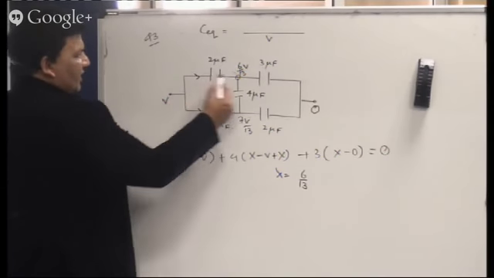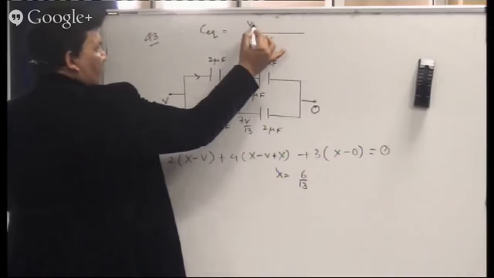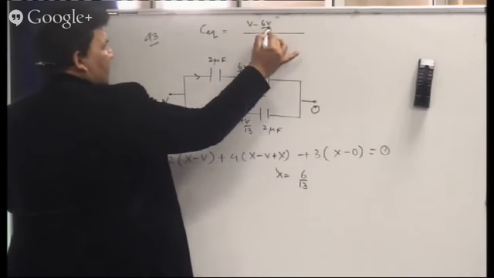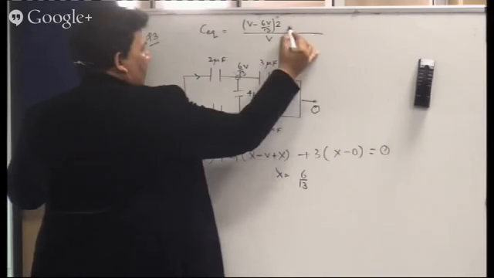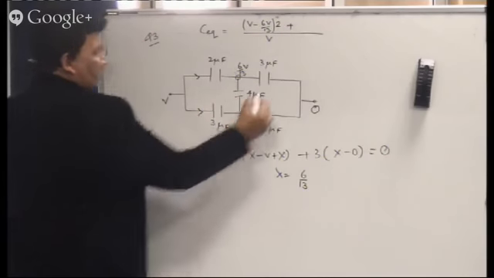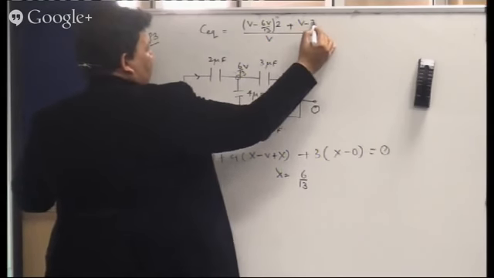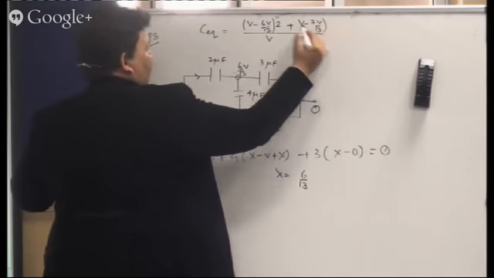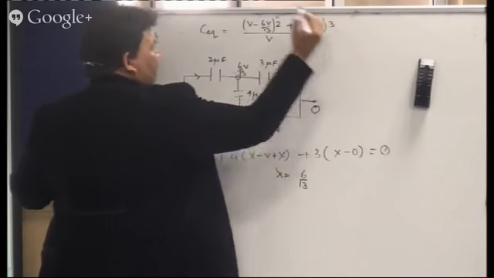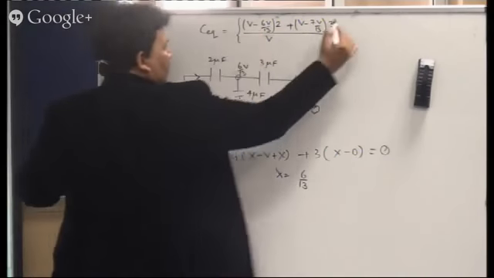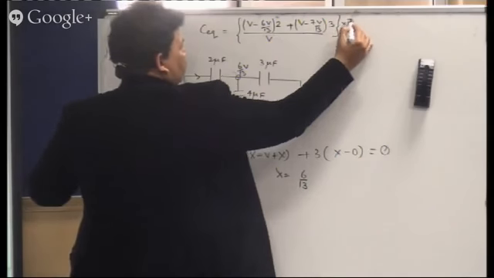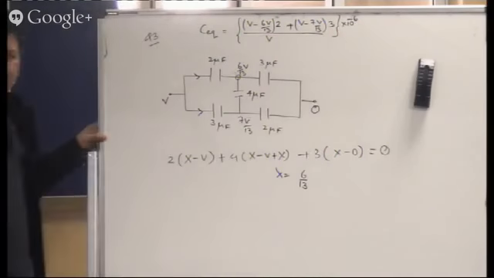What is the charge in this direction? V minus 6V by 13 into, very good, plus, what about this? V minus, into, obviously, this will be into. Answer.